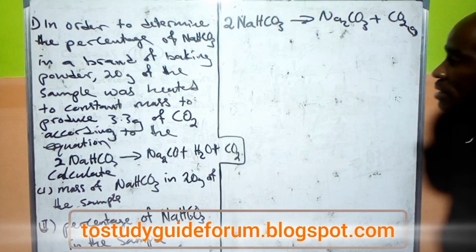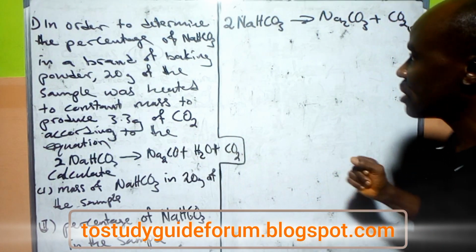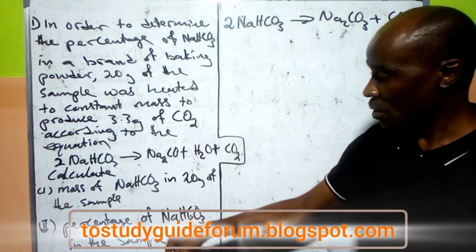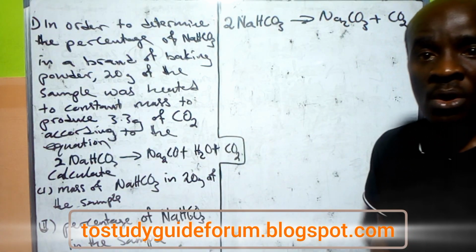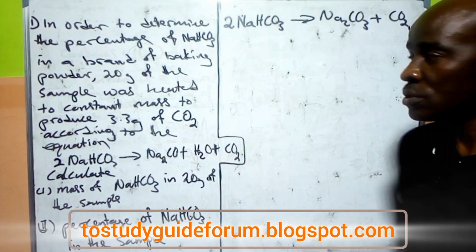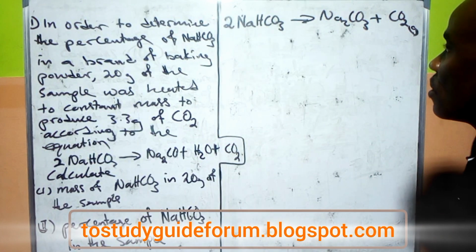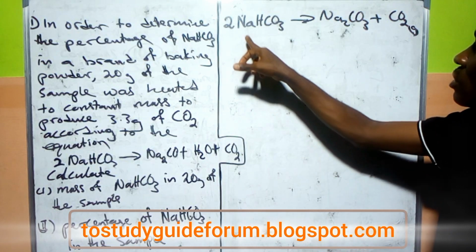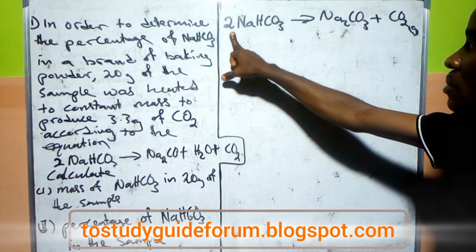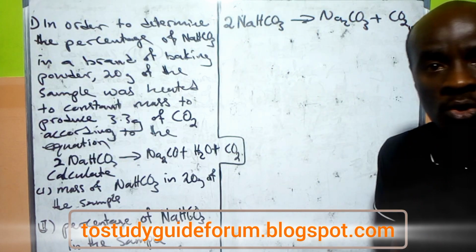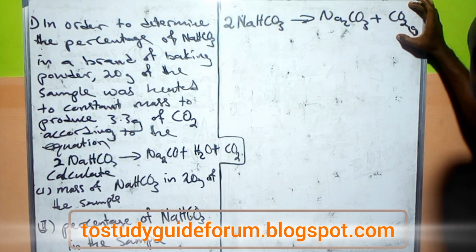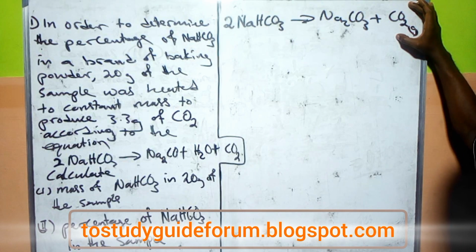Looking at this, there's a relationship between the reactant and the product. We want to find the mass of sodium hydrogen trioxocarbonate IV, and we are given the mass of carbon IV oxide produced, which is 3.3 grams. From this balanced equation, we notice that 2 moles of sodium hydrogen trioxocarbonate IV will give 1 mole of carbon IV oxide gas.